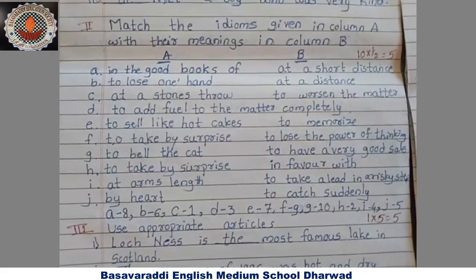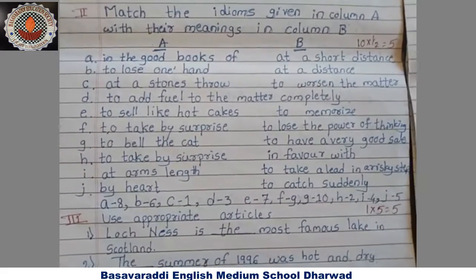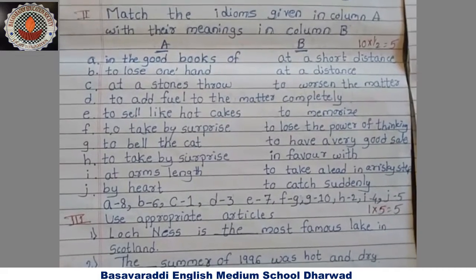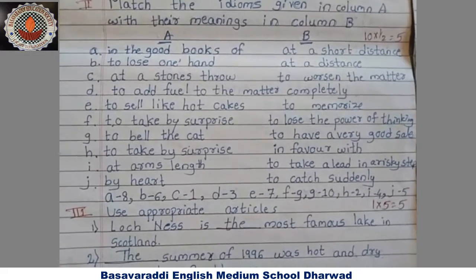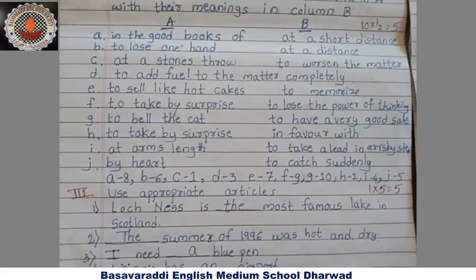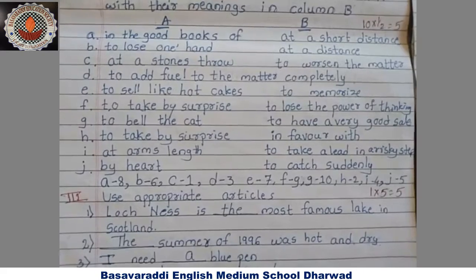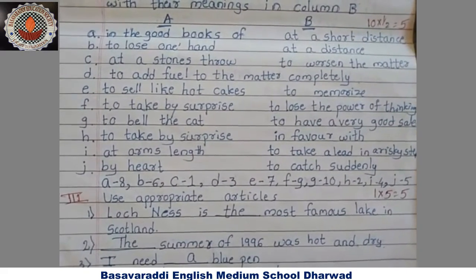See here, they have given: in the good books of, to lose one hand, at a stone's throw, to add fuel to the matter, to sell like hotcakes, to bell the cat, to take by surprise, at arm's length, by heart.